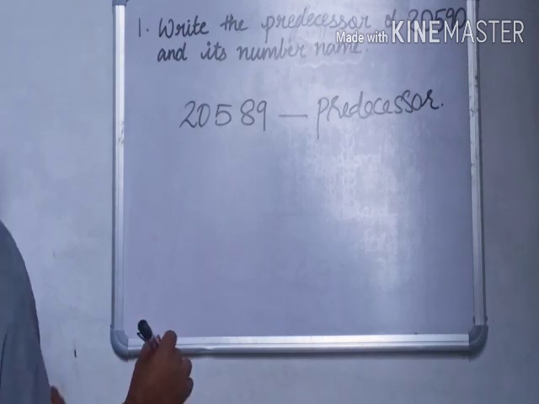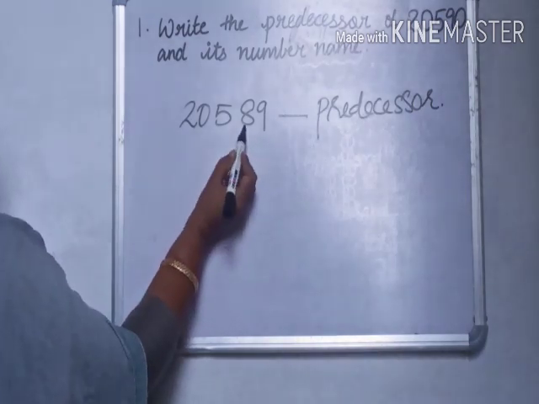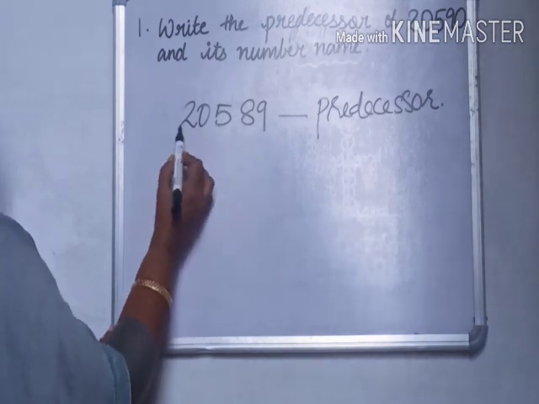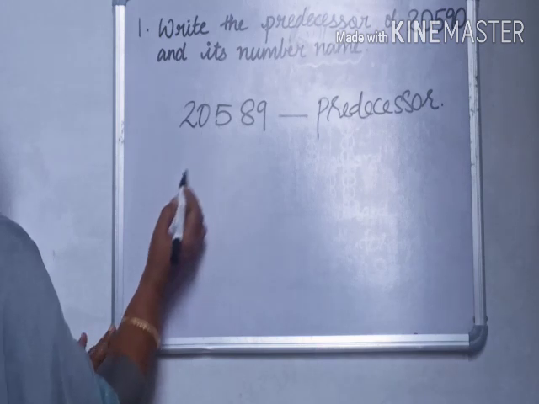What is its number name? Here ones, tens, hundreds, thousands, 10,000s. So we should read this 10,000s and thousands place together.